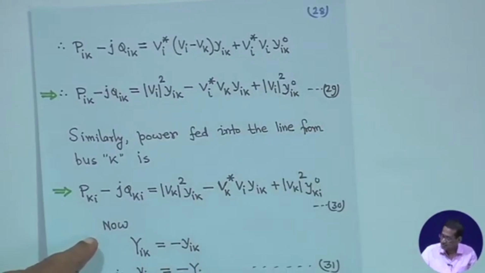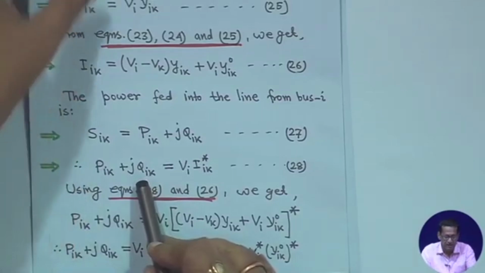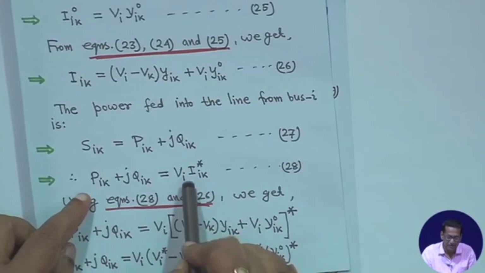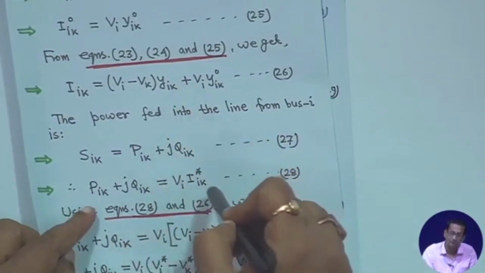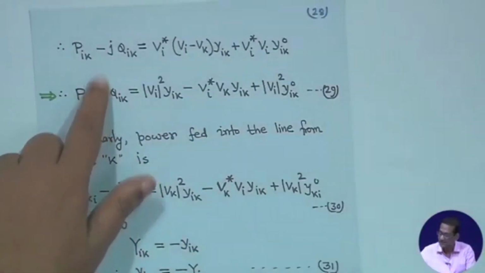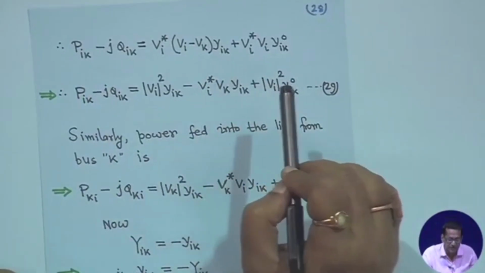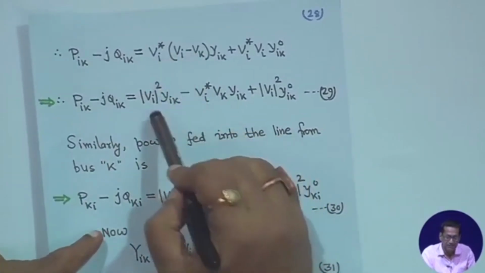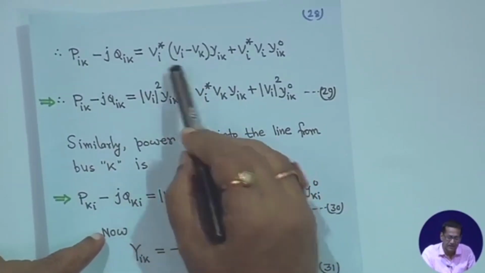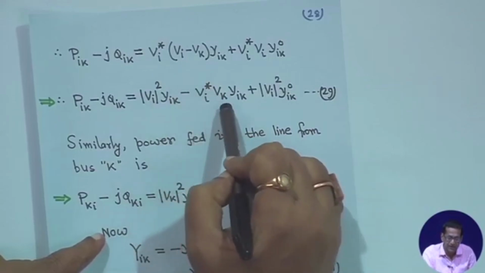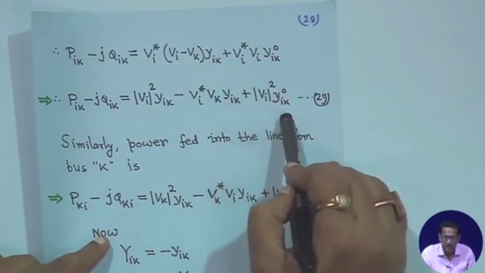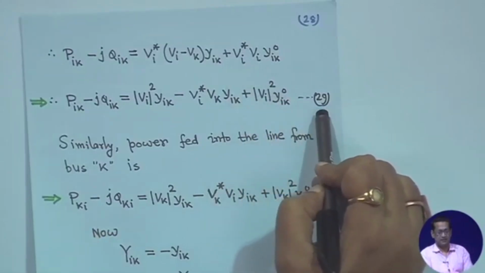You take the conjugate of this equation, or you can take P_ik minus jQ_ik equal to V_i conjugate I_ik; this I_ik you can directly substitute, the same thing you will get here. So P_ik minus jQ_ik equals, with V_i conjugate V_i being magnitude V_i squared, magnitude V_i squared y_ik minus V_i conjugate V_k small y_ik plus magnitude V_i squared y_ik0. This is equation 29.